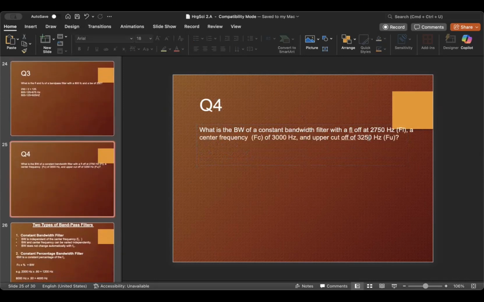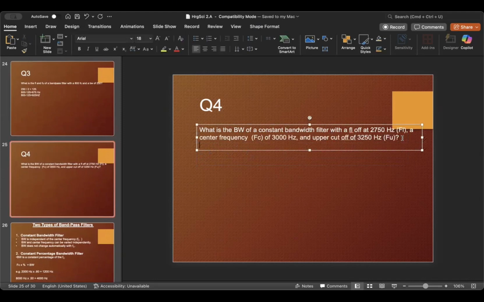And now for question 4. If we want to find bandwidth, what should we do? The question is, what is the bandwidth of a constant bandwidth filter with a low frequency cutoff of 2750 hertz, a center frequency of 3000 hertz, and an upper cutoff of 3250?